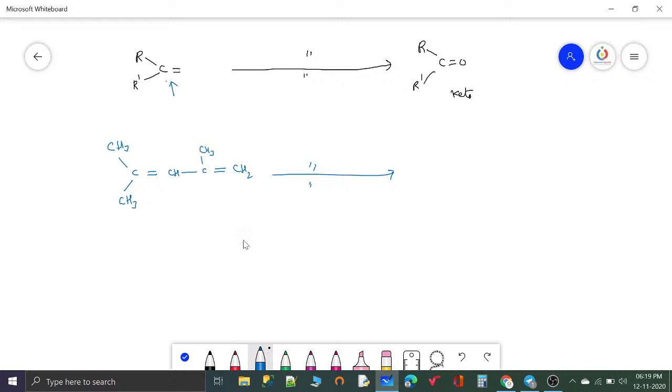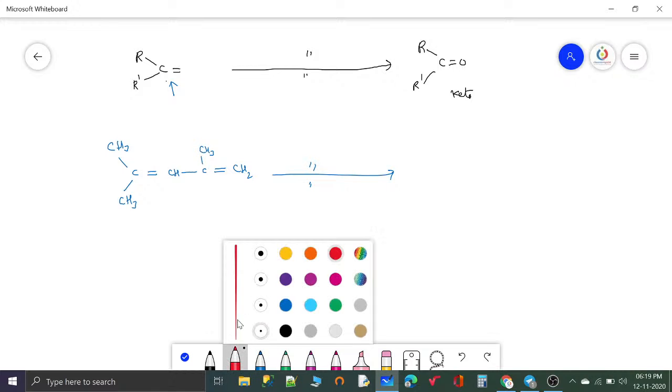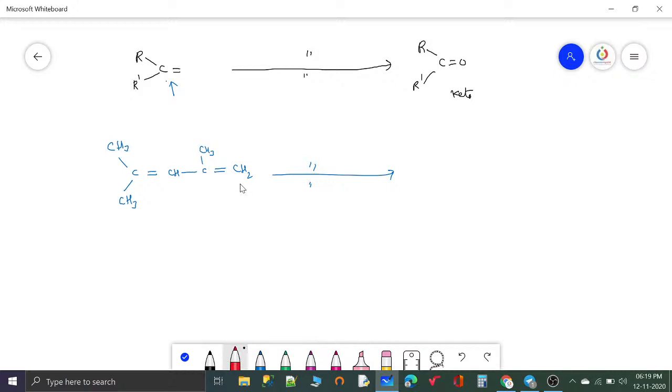You just see here, this particular CH2 group will be converted to carbon dioxide. Here no hydrogen is there on the double bonded carbon atom, so it will be converted to the keto group. Here a hydrogen atom is there, it will be initially converted to the aldehyde, later to the carboxylic acid, and this particular part will be converted again to a keto group, as it is not having any hydrogens on it.